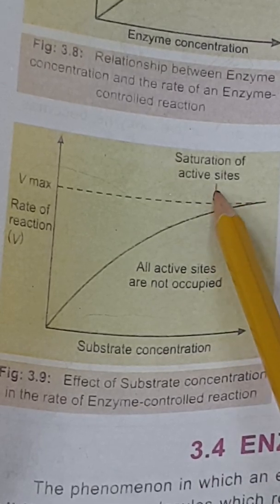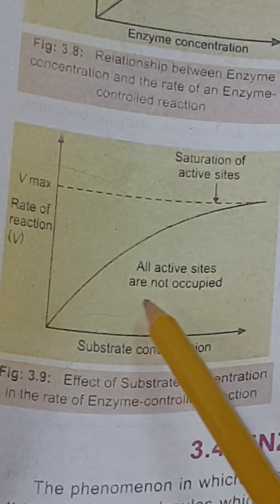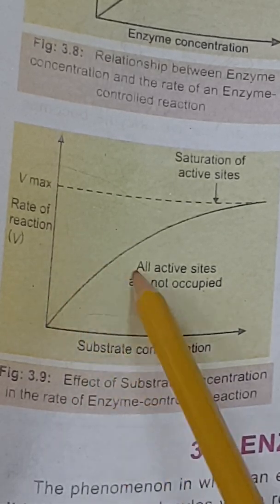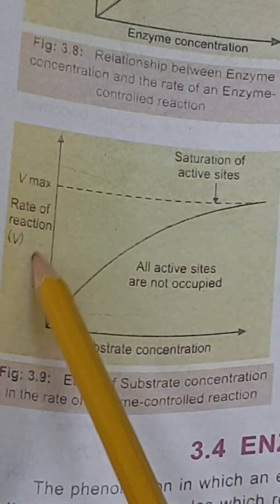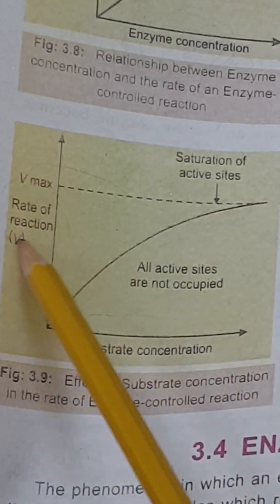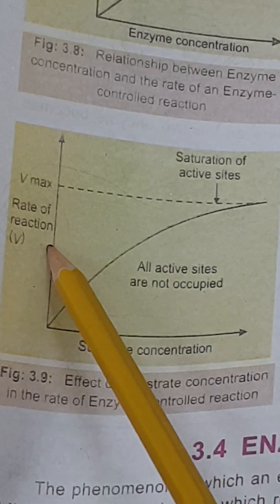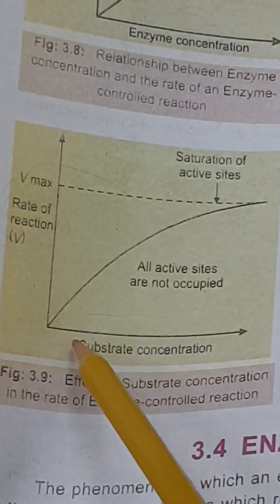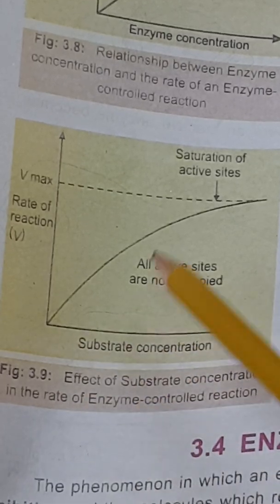Why? Because when the substrate occupies the enzyme, the rate of the reaction increases, because the enzyme has active sites available. But when all active sites are occupied, there will be no effect from adding more substrate.